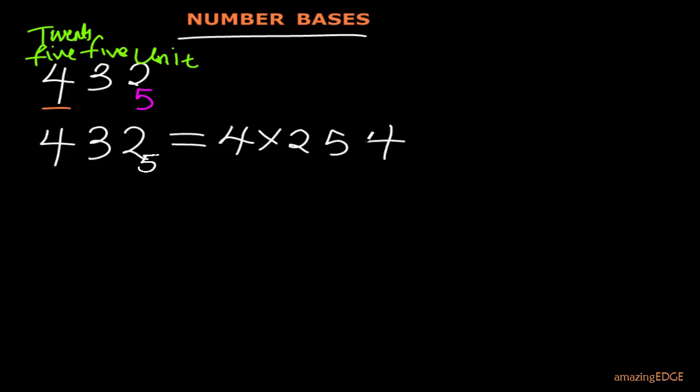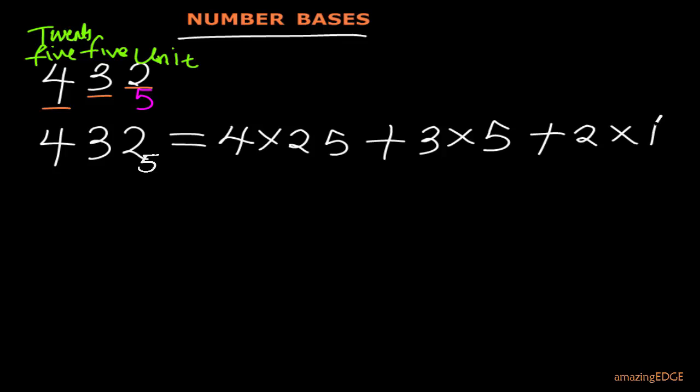The next digit is 3. 3 is placed under 5. So it means 3 times 5. And finally, the unit: 2 is under the unit. That means we have only 2 times 1.